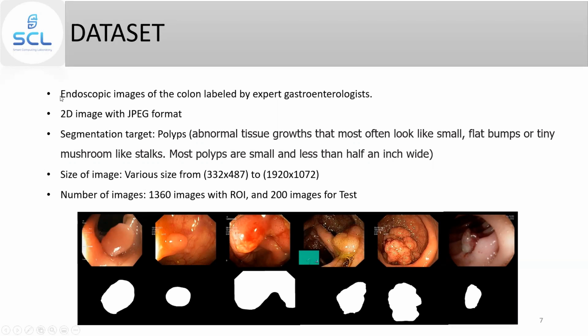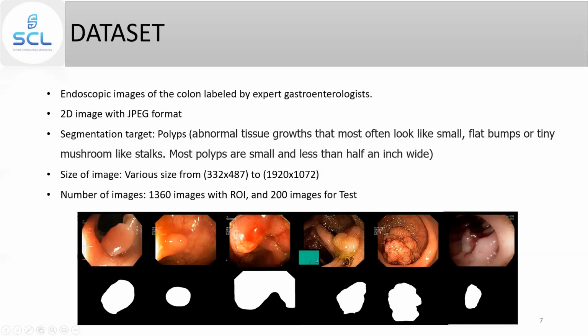It consists of endoscopic images of the colon labeled by experts. These are 2D images in JPEG format, and the image sizes range from 332 by 487 to 1920 by 1072.